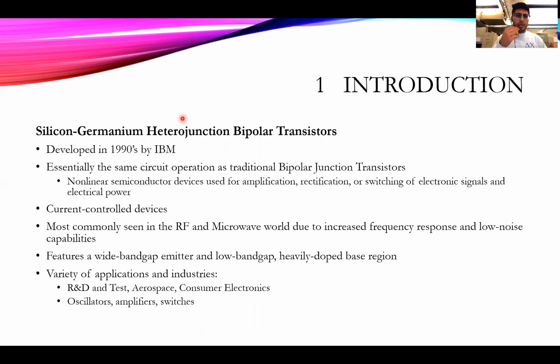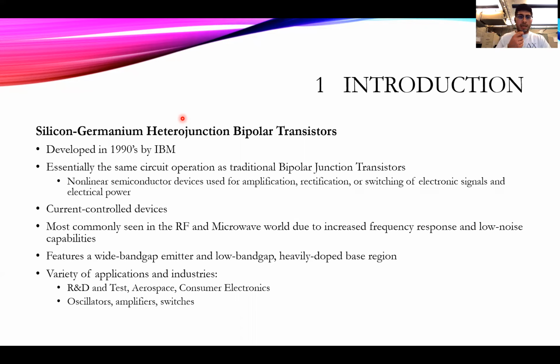To give a brief introduction on silicon-germanium heterojunction bipolar transistors, they were developed initially around the 1990s by IBM Research and Technologies. And essentially, like I had already mentioned, the circuit operation of an HBT matches that of a traditional BJT in the sense that they really operate as current-controlled devices. Like we all know, a transistor is a nonlinear semiconductor device that can be used for a variety of applications.